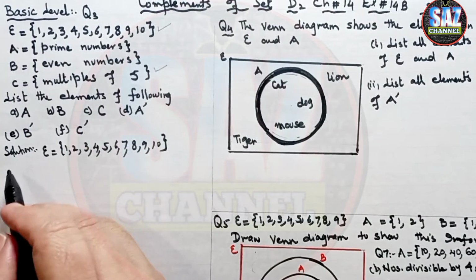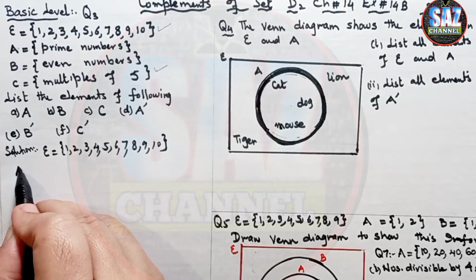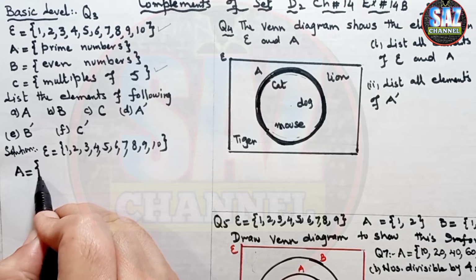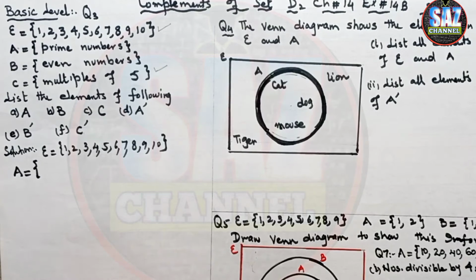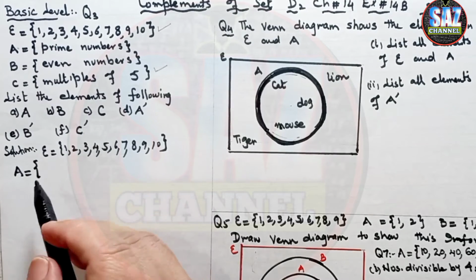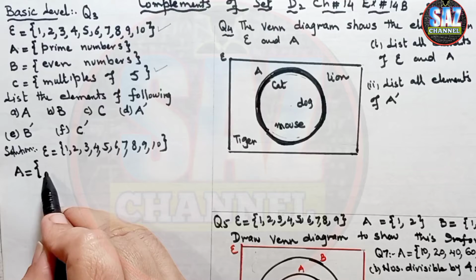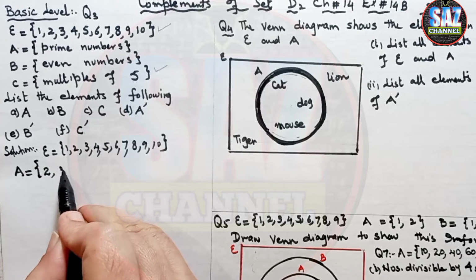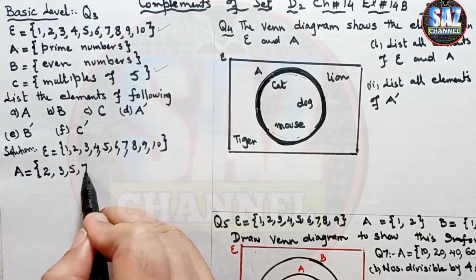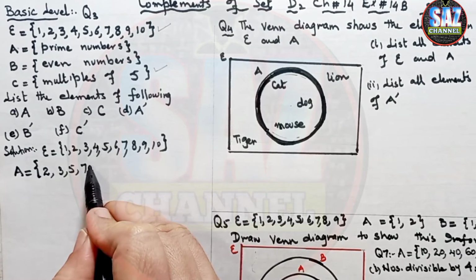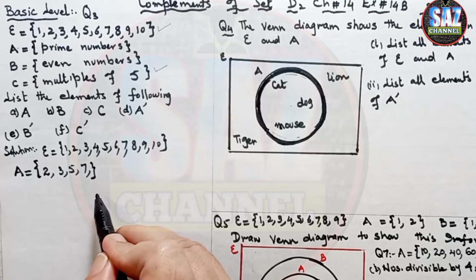In set A, we have to enlist the prime numbers, but one thing that I want to tell, and we have to focus on, is that whatever elements of the subsets we are taking, we have to take all those elements from the universal. So the prime numbers from the universal are 2, 3, 5, 7, okay, and then 8, 9, and 10, they're not prime numbers. So these are the elements of set A.